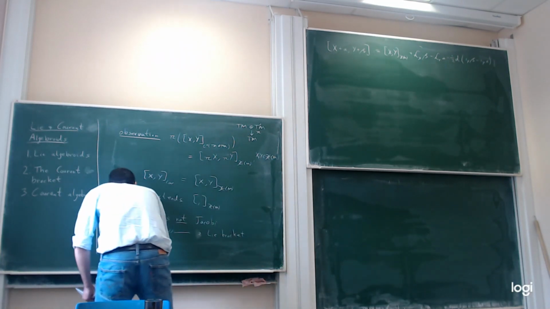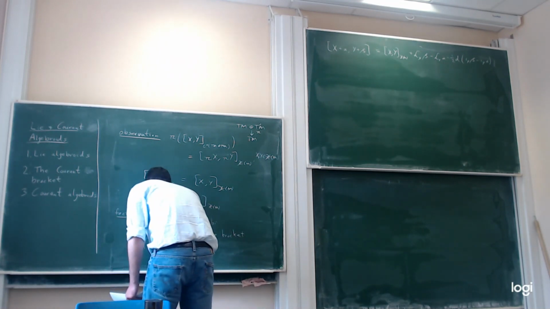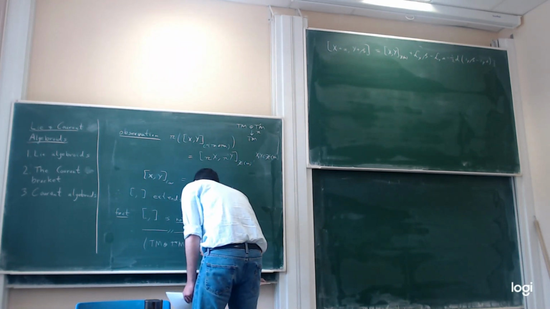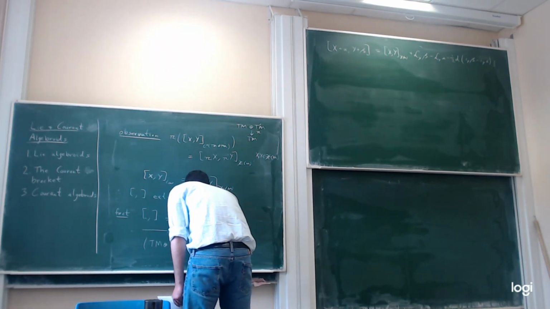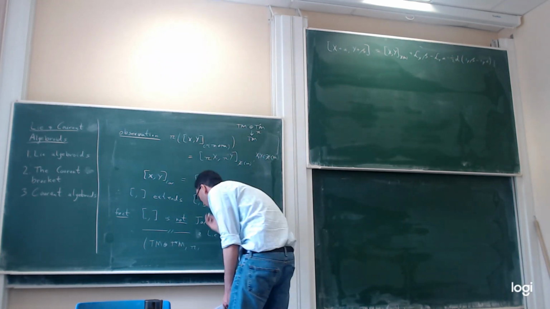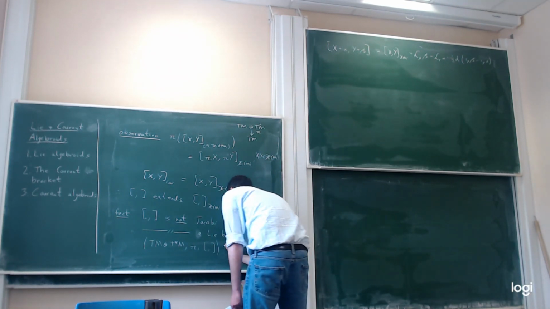And thus, the extended tangent bundle with the canonical projection pi to the tangent component, equipped with the Courant bracket, is not a Lie algebroid.